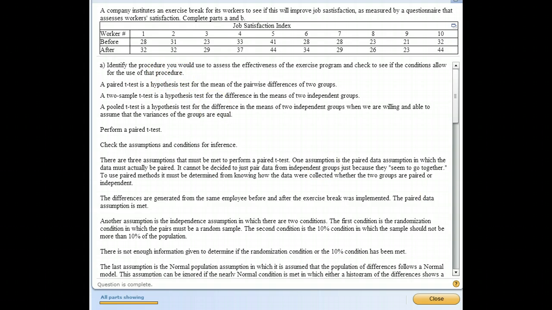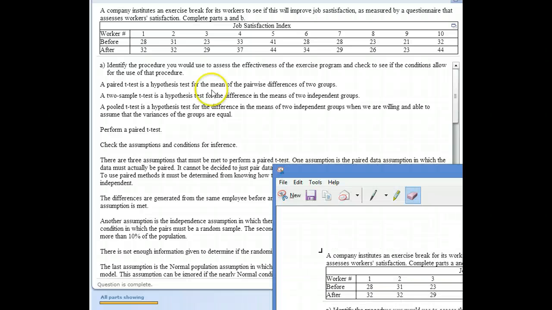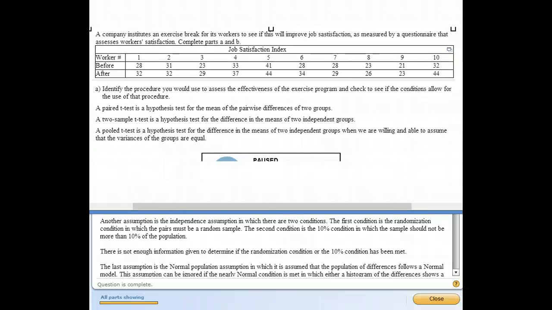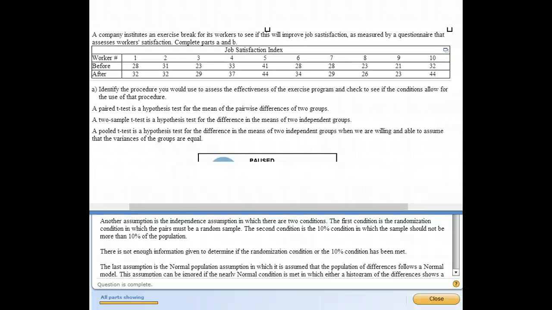Now, just to recap, the three tests that we can use for this: we can use a paired t-test, which is a hypothesis test for the mean of pairwise differences of two groups. So we're always talking about comparing two groups.